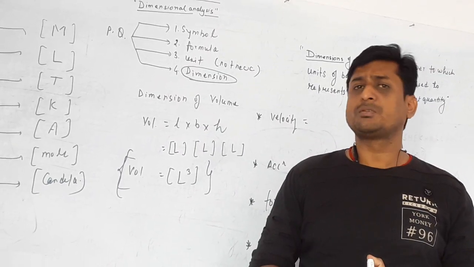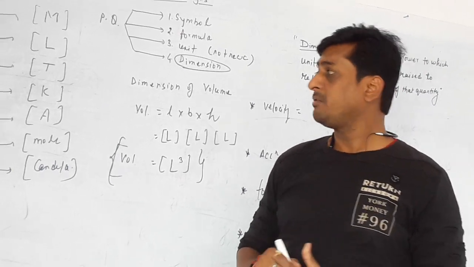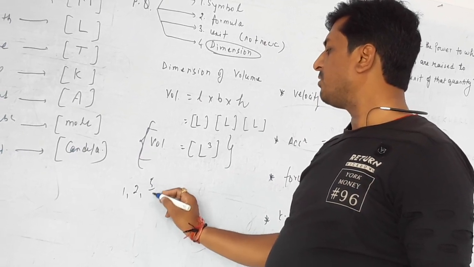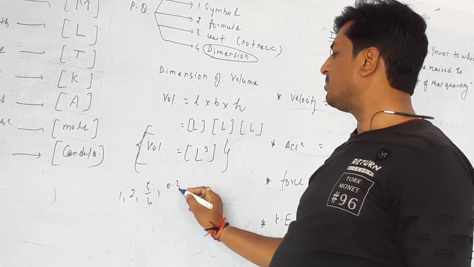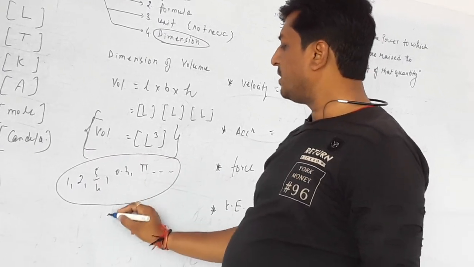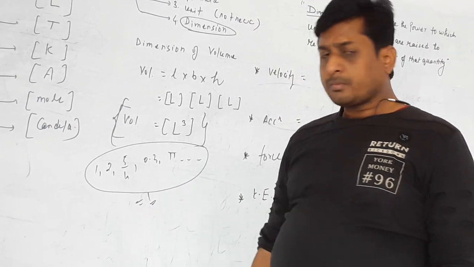The first thing is what? The dimension of all numeric values. Numeric values means 1, 2, or in the form of a fraction, or in the form of a decimal, or pi, something like this. Its dimension is always 1. Remember that. Number 2.